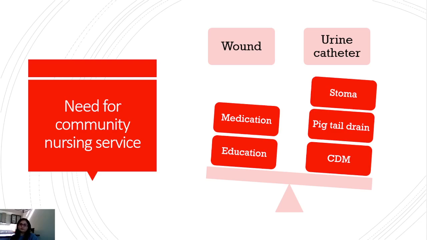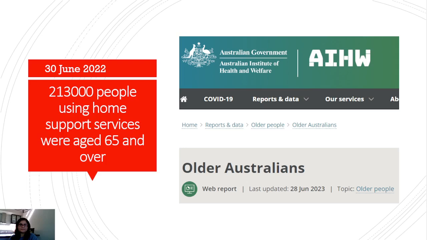This means they don't have to do their finger pricks all the time to get blood sugar levels. The sensors can just be swiped to get the reading at any given point of time. So education regarding sensors, putting the sensors on, and downloading the report from the sensors every 14 days or so, these kinds of chronic disease management things can be done by community nurses. These are just a few examples. There can be many more.